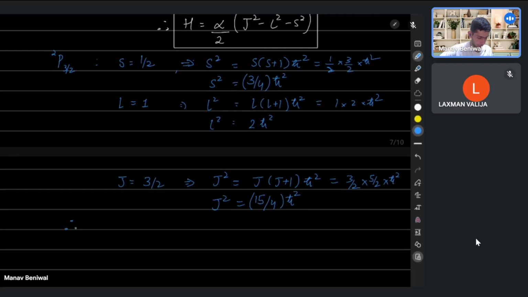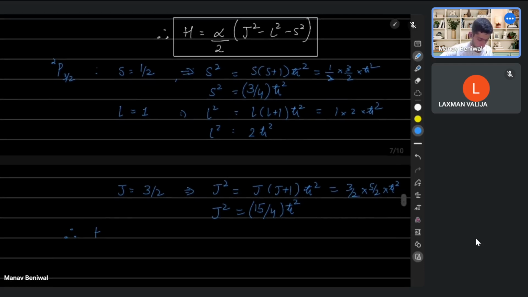Therefore, if we calculate the value of H for 2p3 by 2, this will be nothing but alpha over 2 times 15 by 4 minus 2 minus 3 by 4, h cut squared. 15 by 4 minus 3 by 4 will give us 12 by 4, and 12 by 4 is 3, 3 minus 2 is 1.